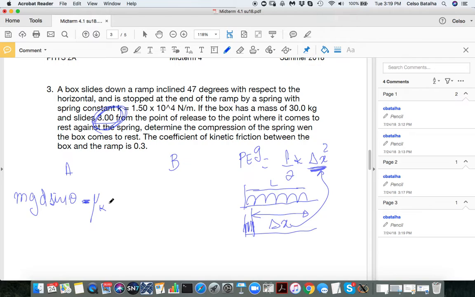I'm not going to do here, but it should be mg cosine theta. And that is equal to the energy stored in the spring, half K del X squared. Okay, and then you can solve for the compression part, because K is given.